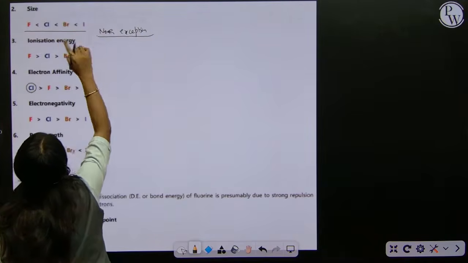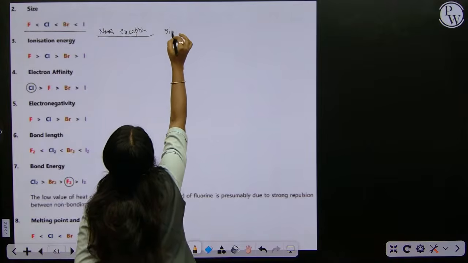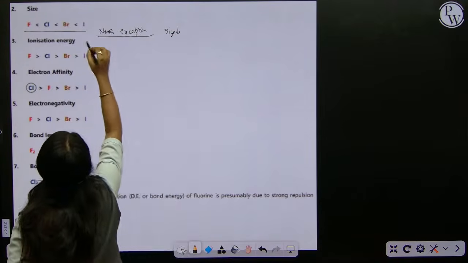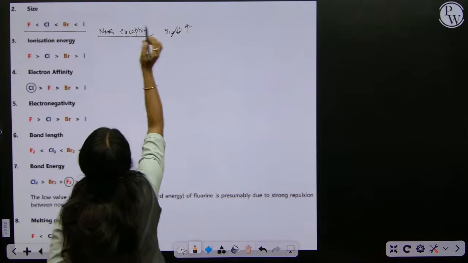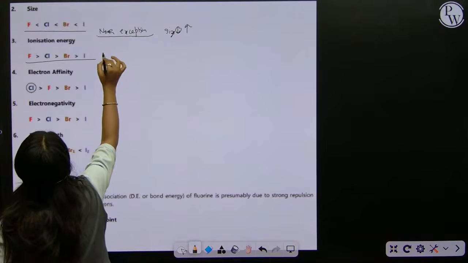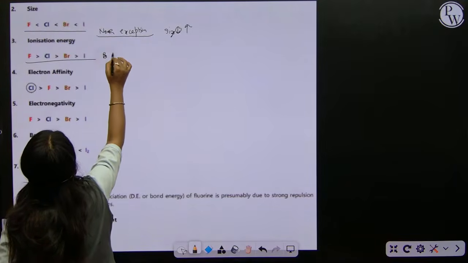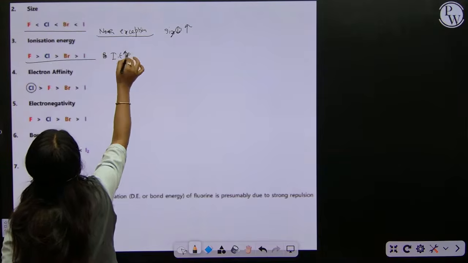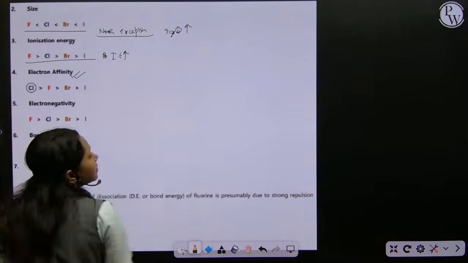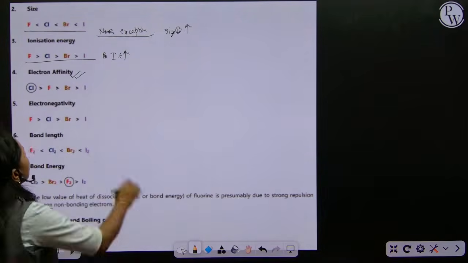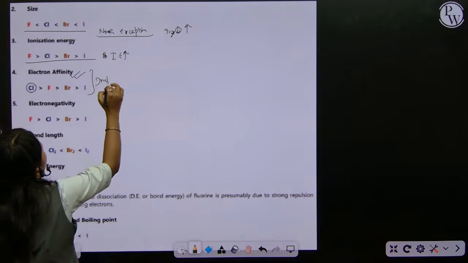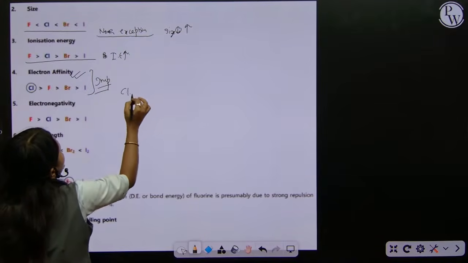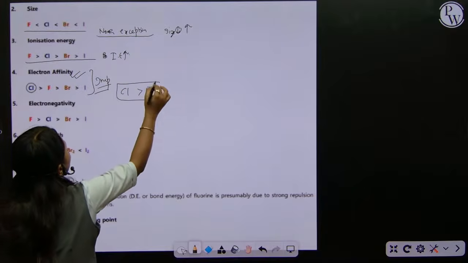As we go down the group, size increases, and ionization energy decreases. Electron affinity is very important. Chlorine has high electron affinity.